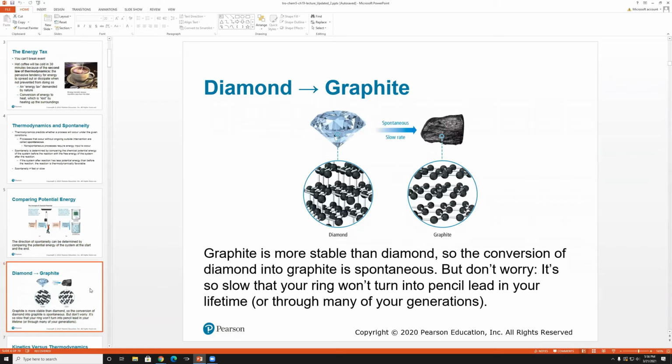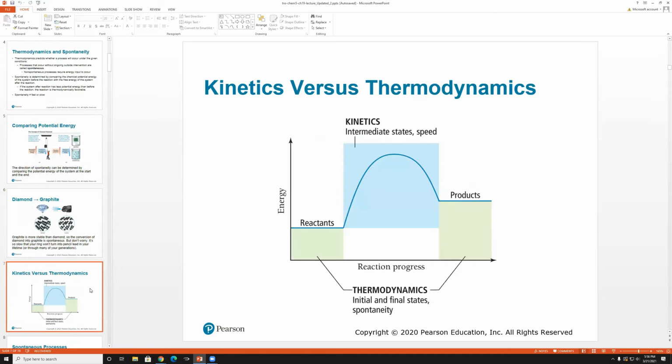The same thing happens with diamond into graphite. Diamond eventually degrades into graphite because the bonds and the three-dimensional structure of carbon in graphite are more favorable, at a lower energy level. So it's spontaneous, but it takes a really, really long time.